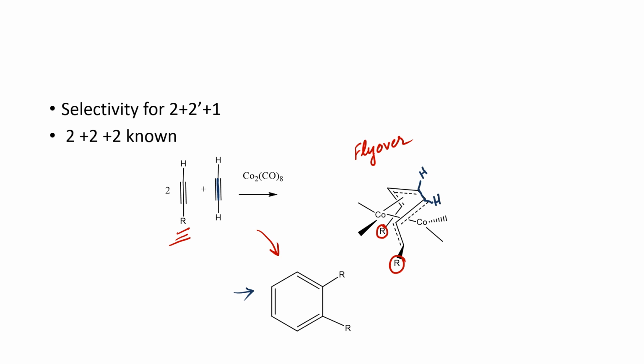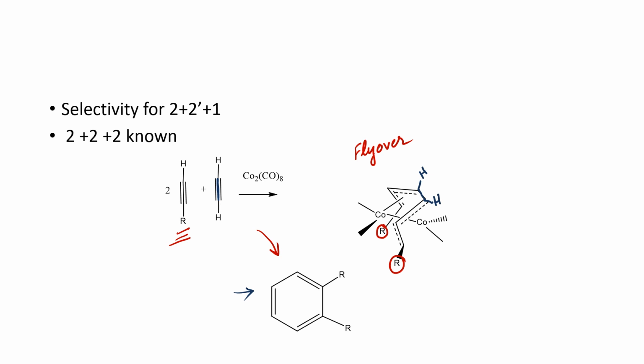I put up this slide primarily to tell you that the intermediate that is formed is in fact a complex which has got an interesting structure. This is a reaction which is catalyzed by Co2(CO)8, and you'll notice that there is an oxidative coupling which is happening, but the oxidative coupling now has a possibility of forming a complex in which 2 allyl systems are interacting with the cobalt, and it spans the cobalt-cobalt bond.